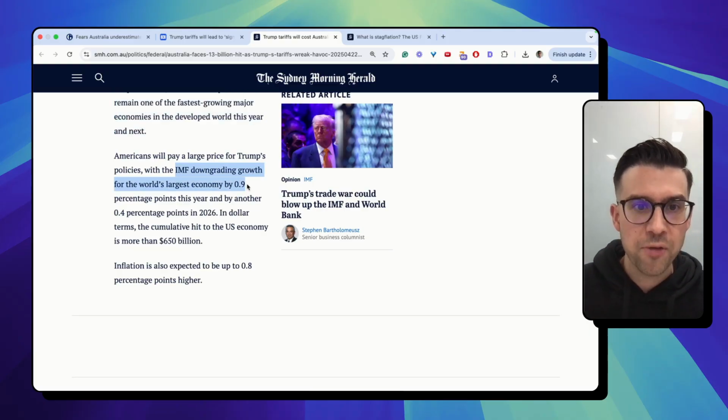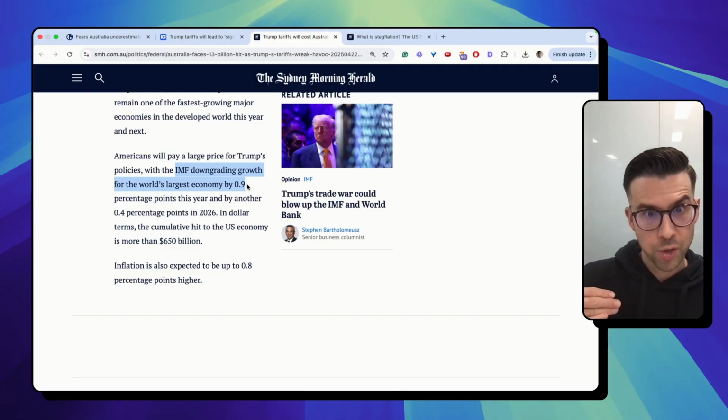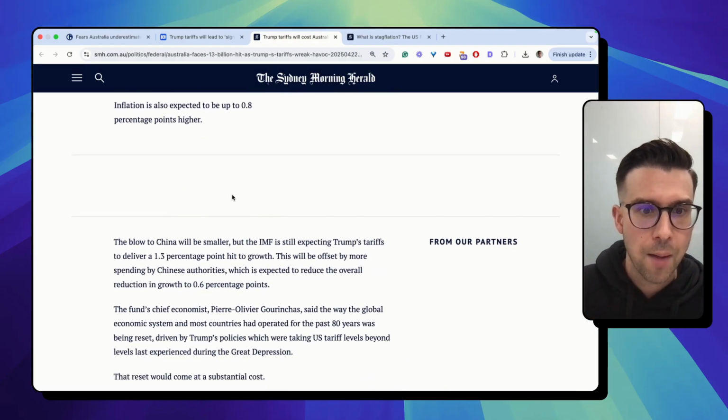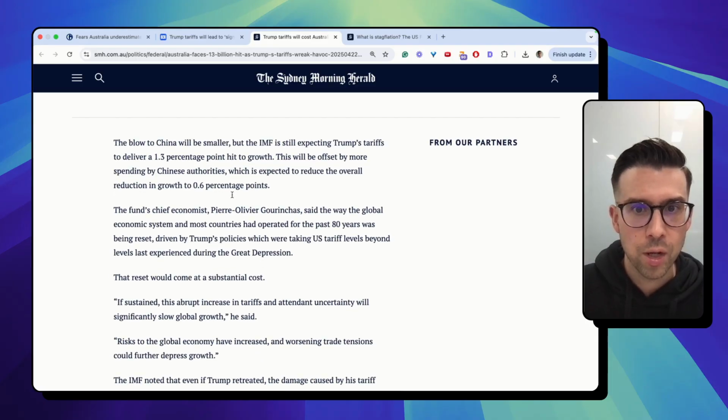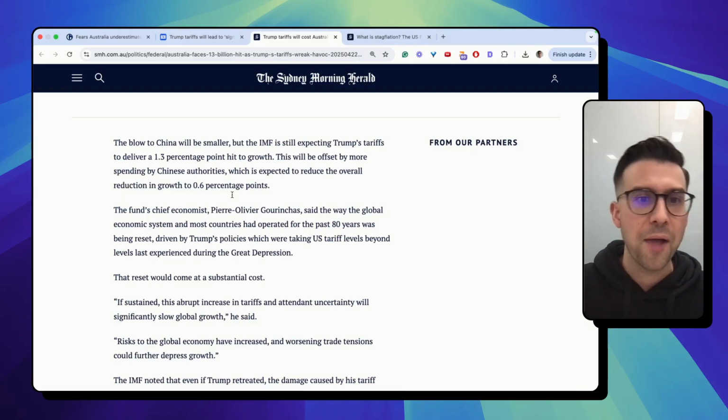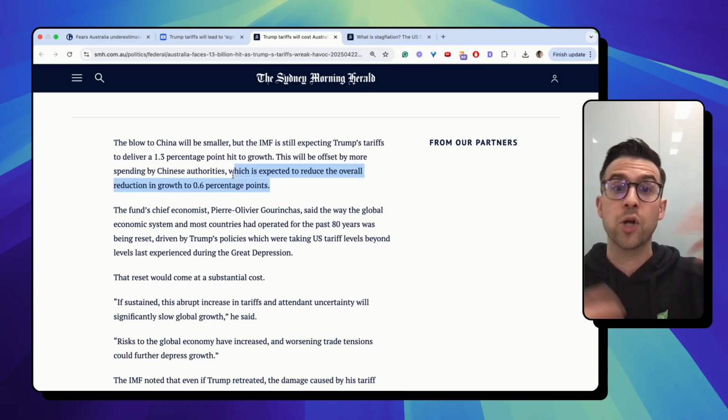Now, note, the IMF downgraded the US by 0.9%, so you can see that compared to 0.5% for Australia, it's almost an entire percent of downgraded growth for the US, okay? The IMF is expecting, for China, that it's still going to have a 1.3% hit to growth, okay? But that's going to be offset by a lot of spending by Chinese authorities, right?